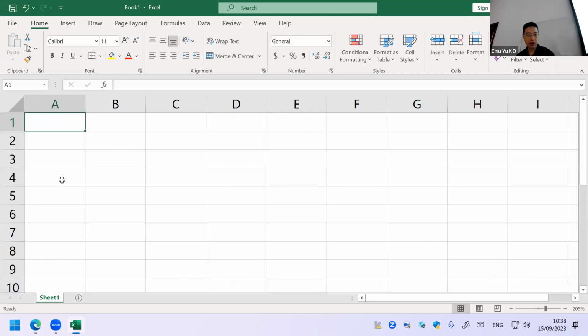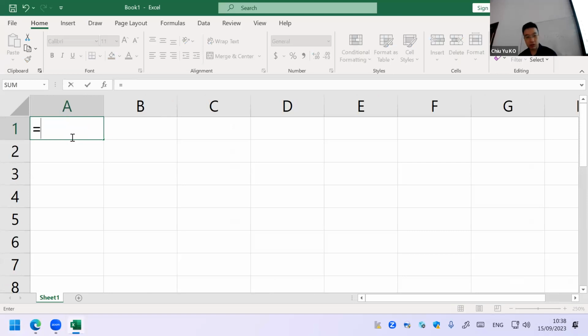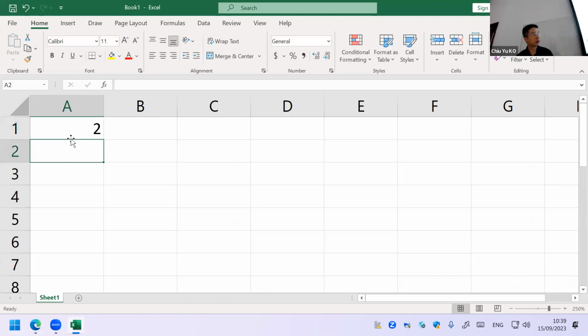We start with equals 1 plus 1. This is the very basic thing. It's not hello world, sorry, but in Excel we just do calculation. This is our hello world command: equals 1 plus 1.